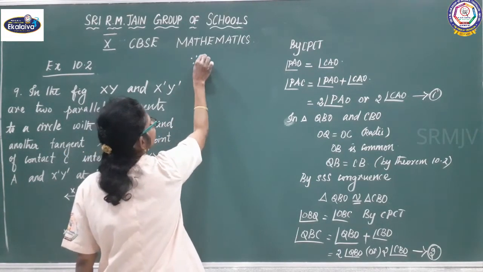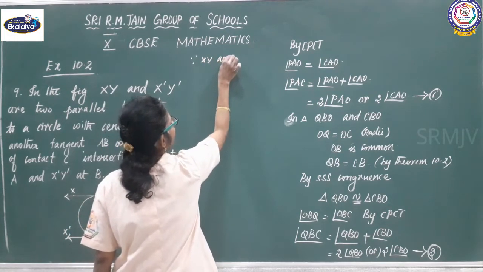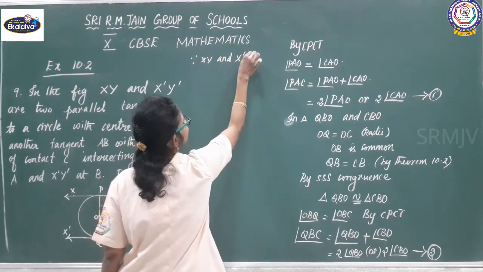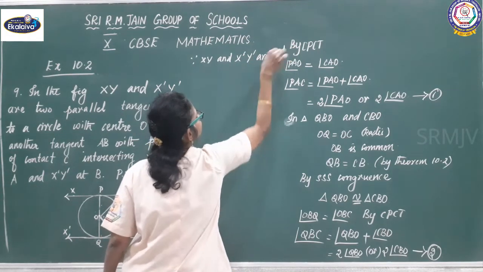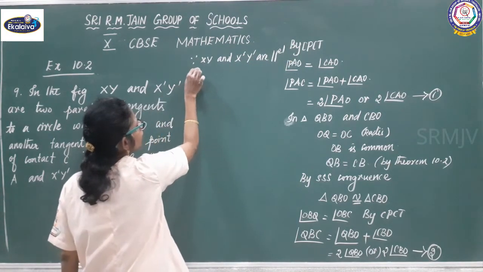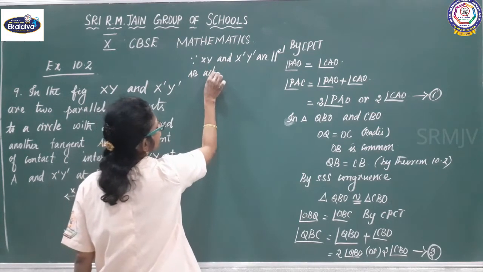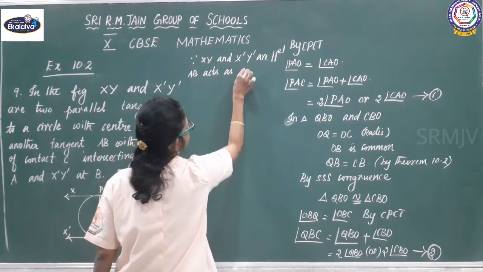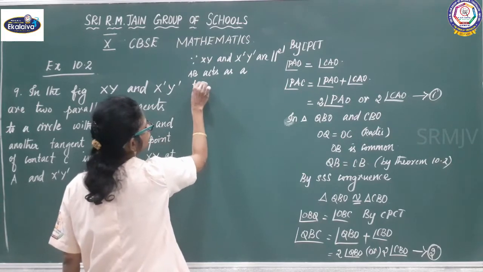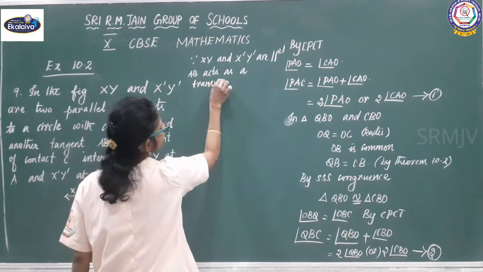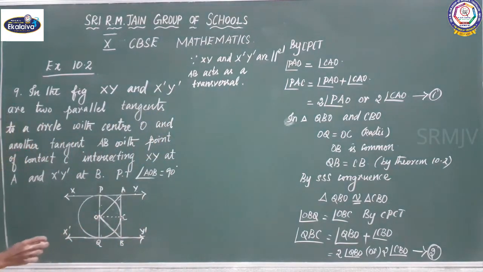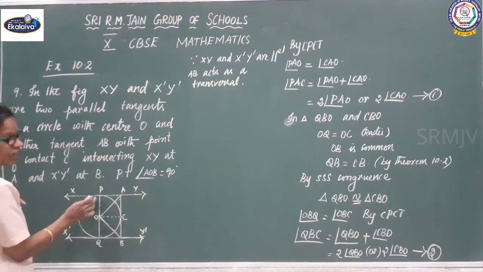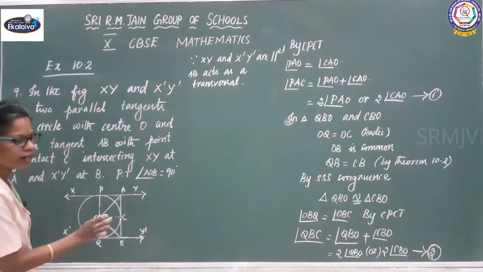Since XY and X'Y' are parallel, AB acts as a transversal. Sum of the interior angles equal to 180 degrees.